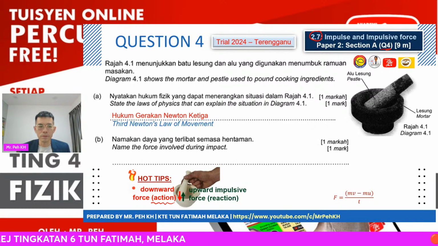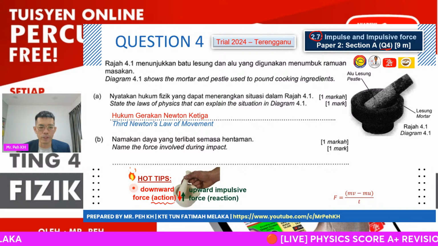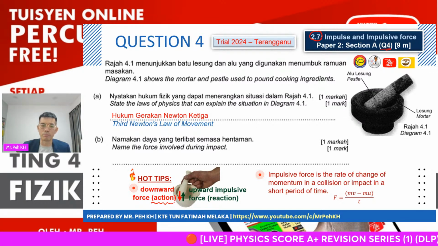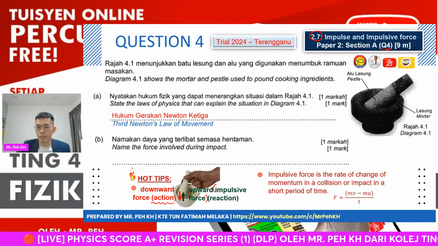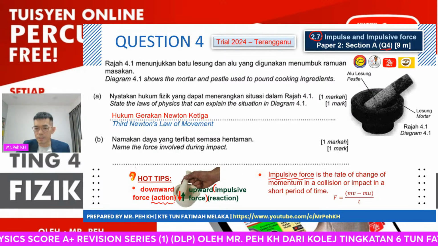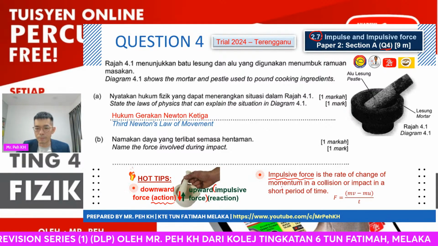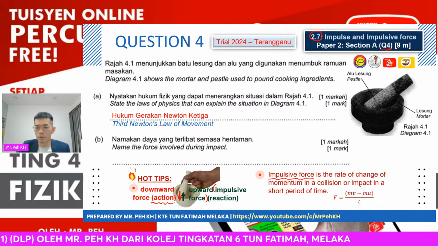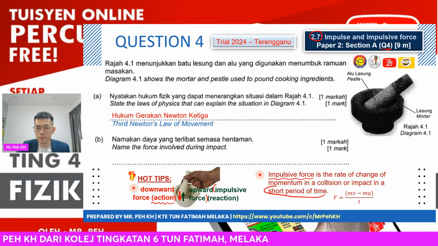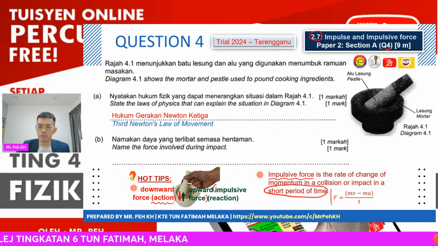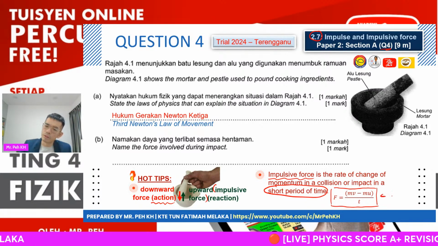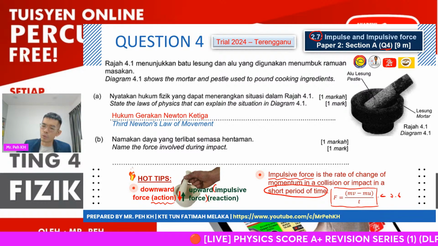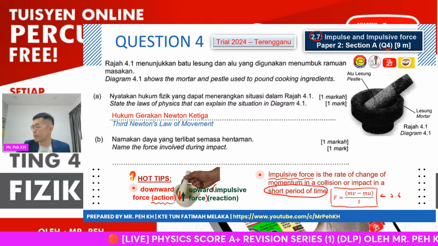Then question number 2. Name the force involved during impact. Just now we also explained already. So the upward force we know as an impulsive force. The impulsive force is the rate of change of momentum in a collision or impact in a shorter period. Here the formula you learned in 2.6 is known as the rate of change of momentum, right?